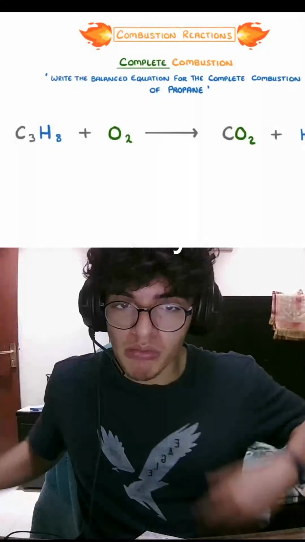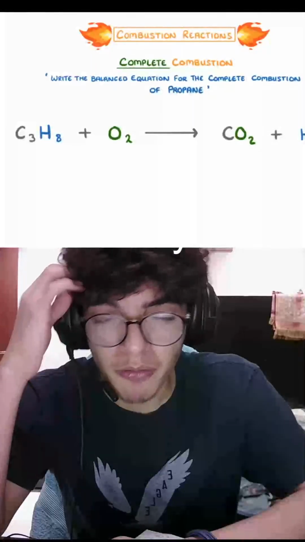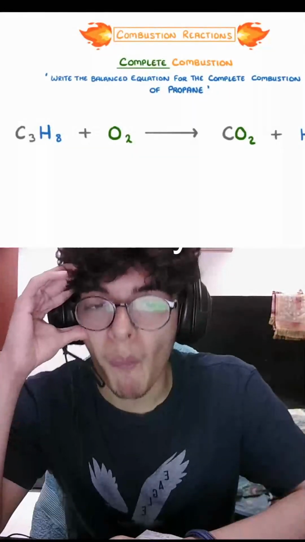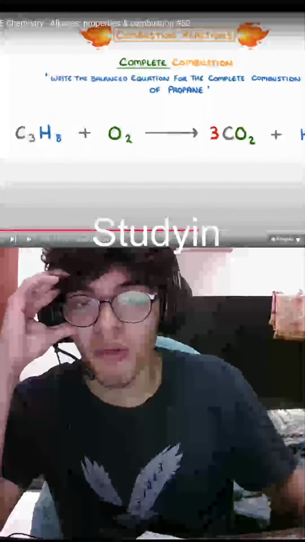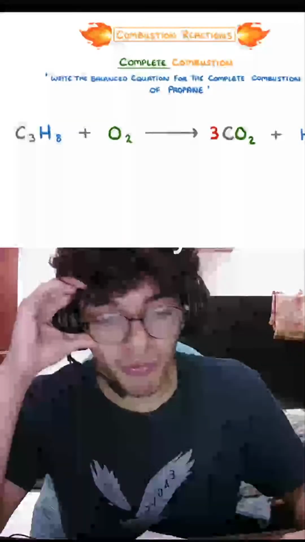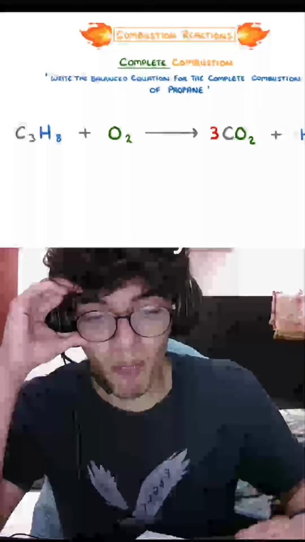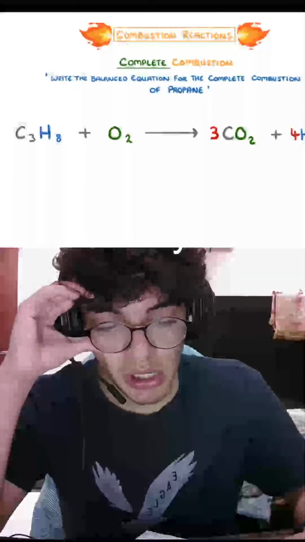Then all we need to do is balance it. We know that on the left we have 3 carbons, so on the right we'll need 3 CO2s. We also have 8 hydrogens on the left. So because each H2O molecule contains 2 hydrogens, we know we'll need 4 of them on the right.